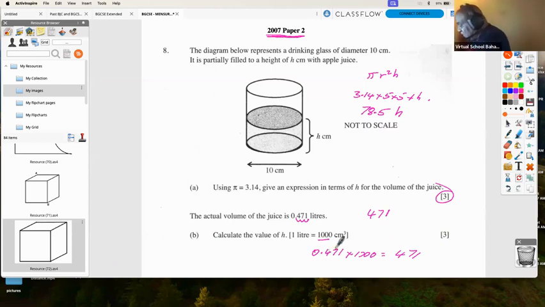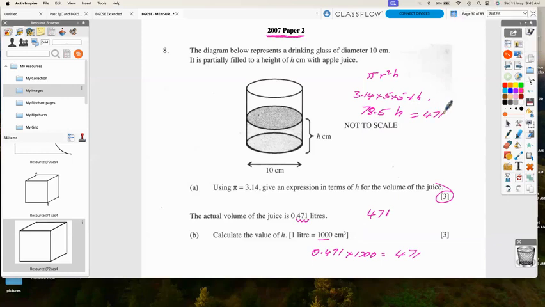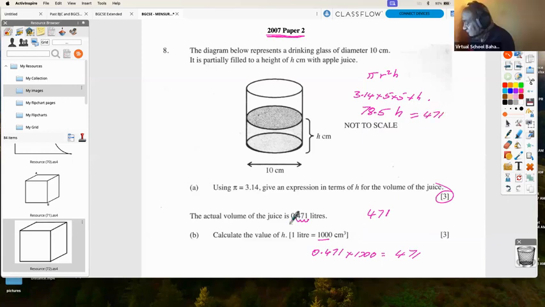So we work there. Now what do we do next? This here is the volume, and this is the volume. So what's the equation going to be? This is equal to that.